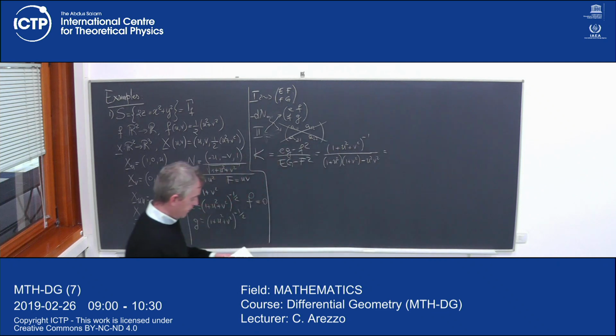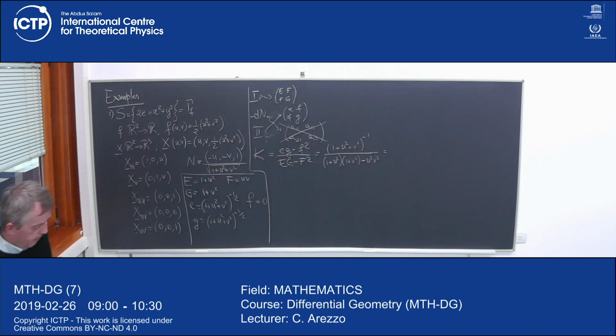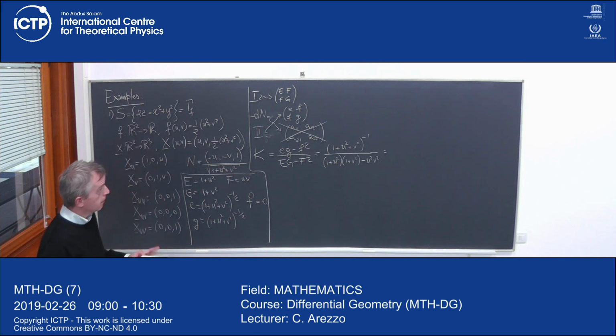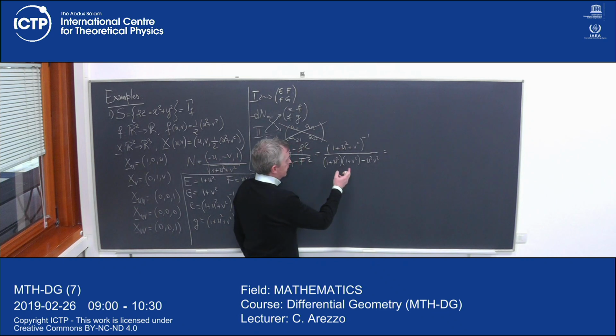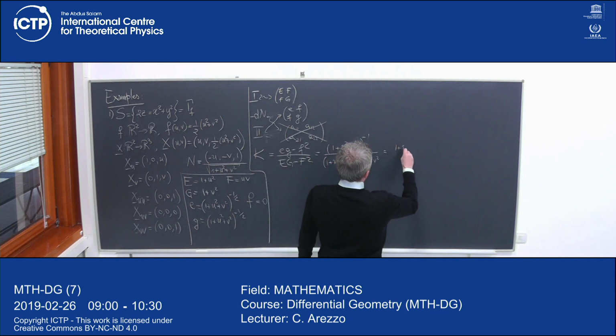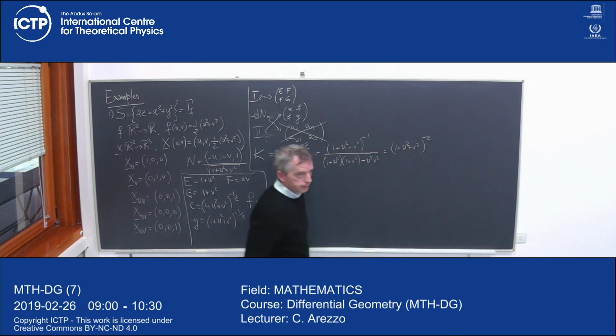Okay, and now the magic happens. Of course, here there is a cancellation, and what is left is exactly this one. So this is just 1 plus u squared plus v squared to the minus 2.